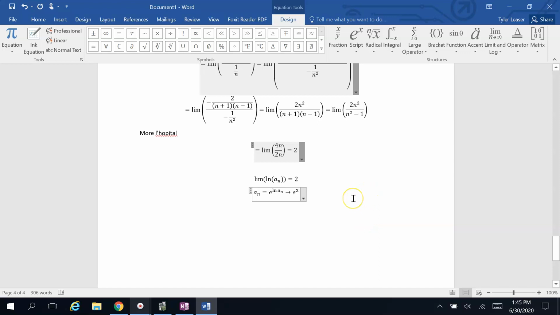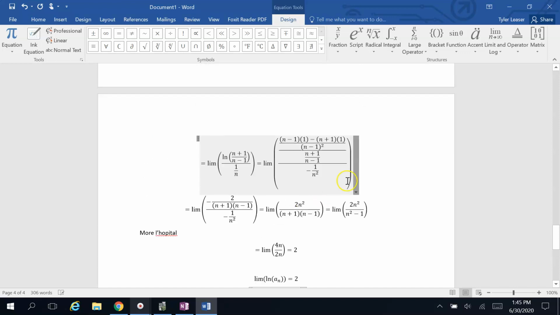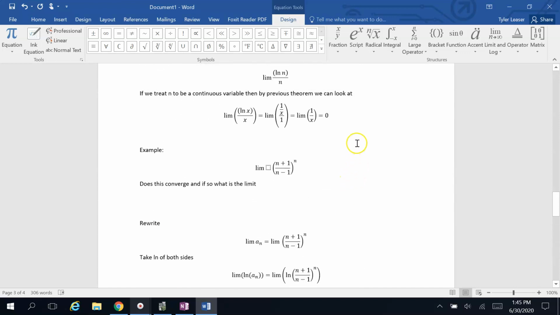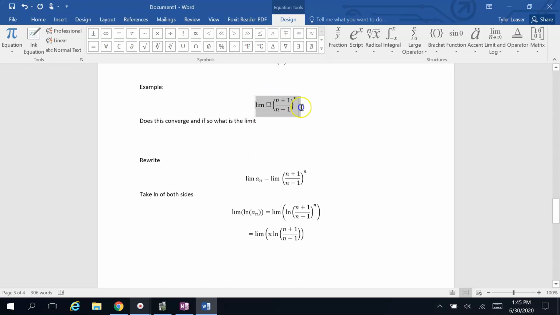Whew, all right, this is a long one, and I know these are tough, so make sure you really take some practice with these. But just to think about it, we started off here with the limit of n plus 1 over n minus 1 to the power n. Almost any time you have an exponent of n, you have to do this natural log trick. Redefine what you have as a sequence value here, a sub n.